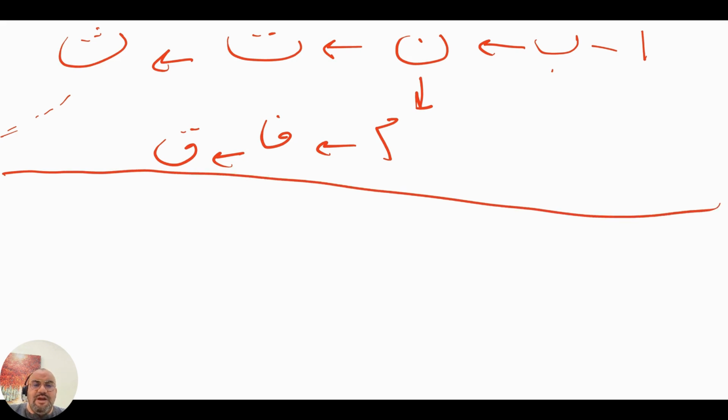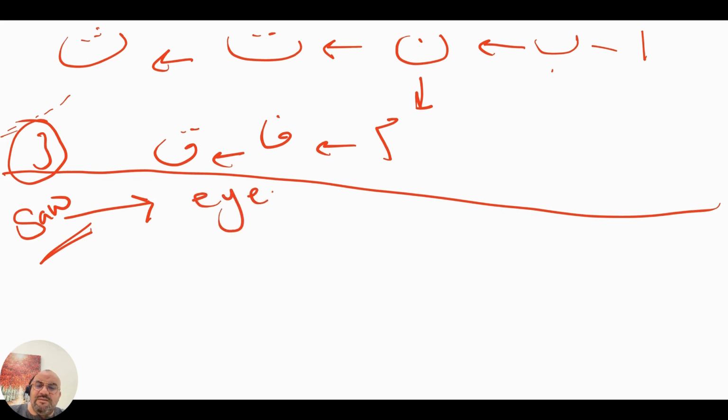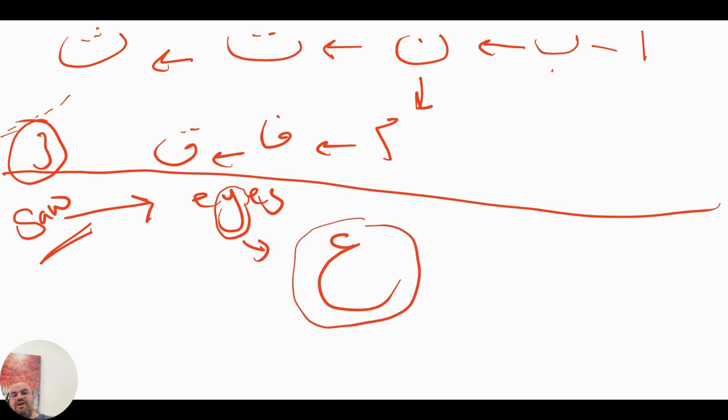Now, after he runs, when we come here, he saw something, and he's seeing with his eyes, and we take this one and flip it, so it will be in this way. And this is the ayn. Ayn. So eye in Arabic is ayn.